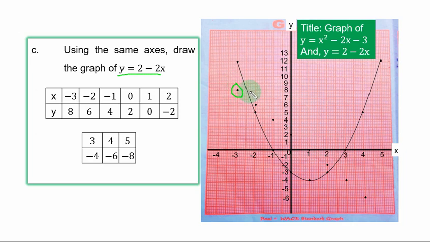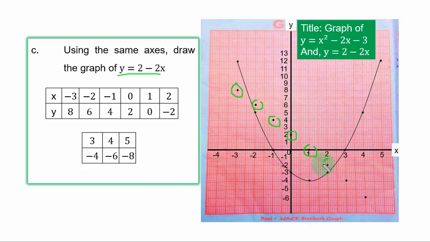Second point, -2, 6, somewhere here. -1, 4, somewhere here. 0, 2. When s is 0, y is 2. You plot that directly on the y-axis. 1, 0. When s is 1, y is 0. You plot that directly on the x-axis.